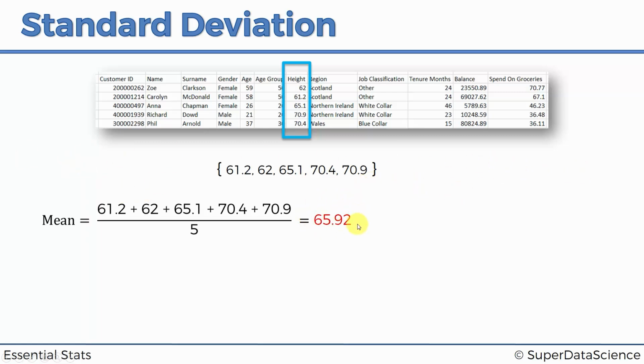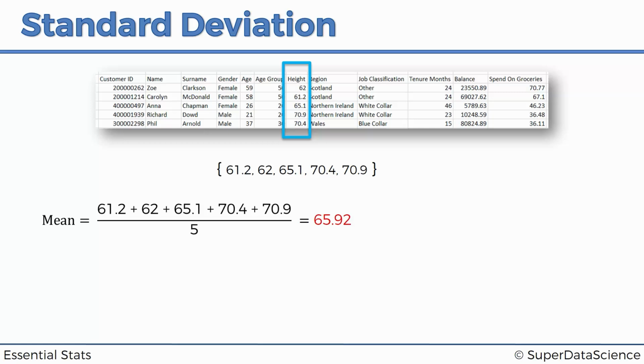So the mean on its own doesn't tell us everything. It tells us a bit, but it doesn't tell us that much about the data. It just tells us the mean, but we don't know the spread. So that's why we want to introduce a new metric, which will help us understand, okay, we know the mean. How are our observations spread out around this mean?